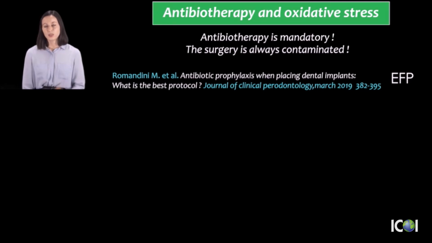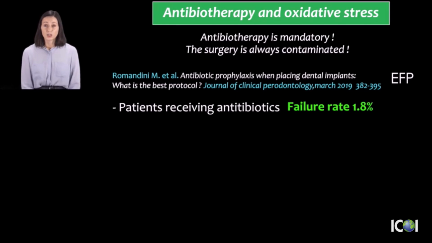And speaking of antibiotherapy, you know that antibiotherapy is mandatory in oral surgery. Why? Because all of our surgery are contaminated. The patient breathes and the mouth cannot be a sterile environment. Sometimes in small surgery we don't give patients antibiotics.